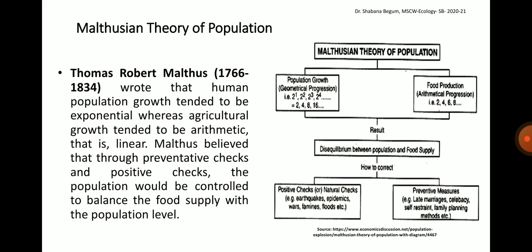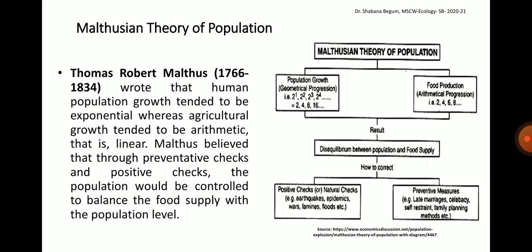This slide will depict a very famous theory called the Malthusian theory of population. In fact, the first significant contribution to the theory of population was that of a well-known economist, Thomas Robert Malthus, in the year 1798.